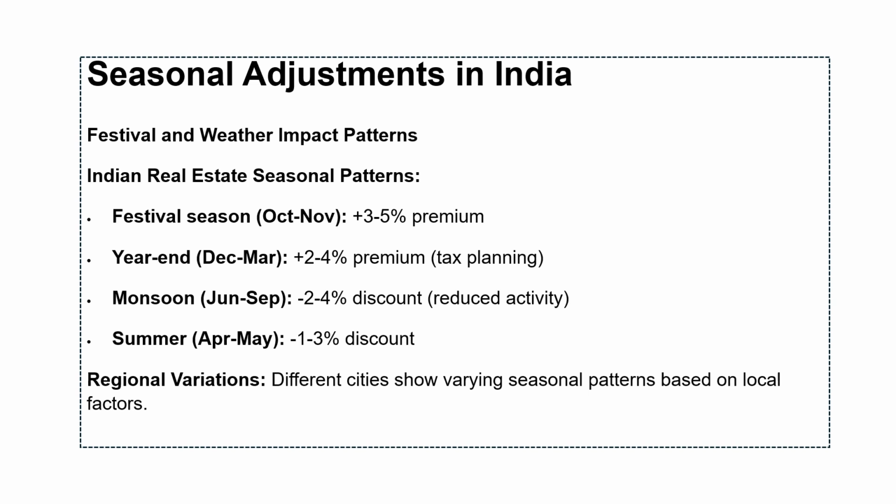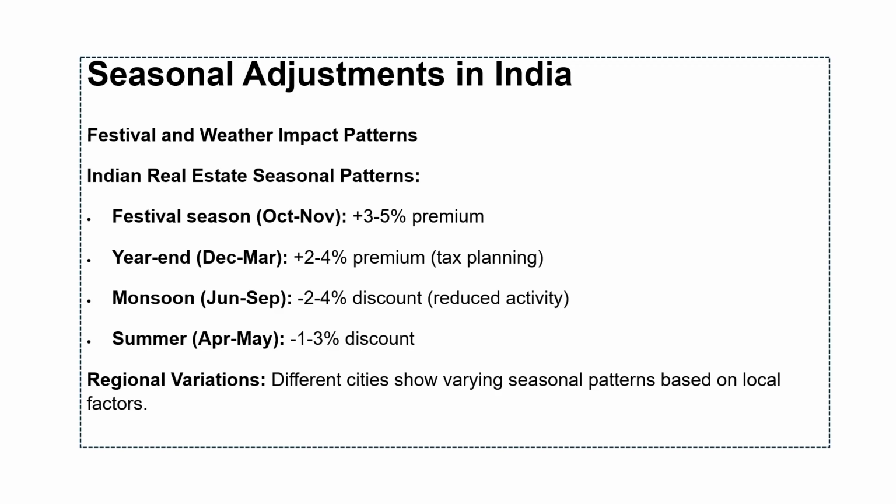Then we can also see that the monsoon season impacts business negatively. We often see a 20 to 30% decrease in transaction activity from June through September. Buyers postpone decisions due to weather related viewing difficulties and seasonal flooding concerns in some areas. Price discounts of 2 to 4% may emerge due to extended monsoon periods.